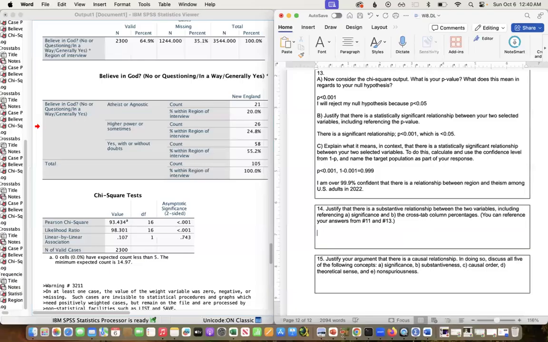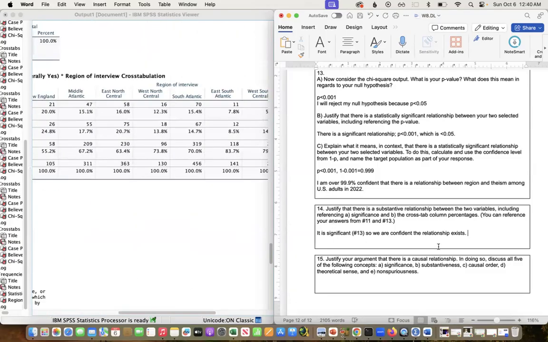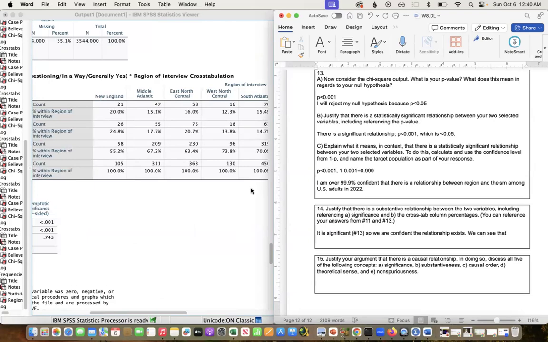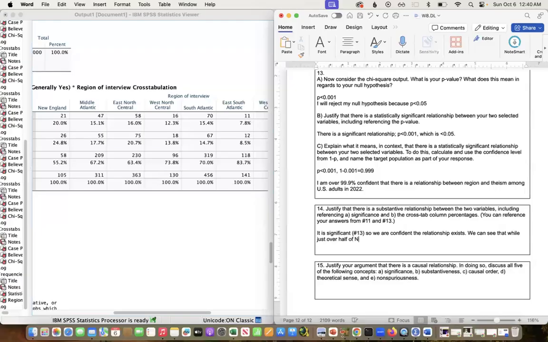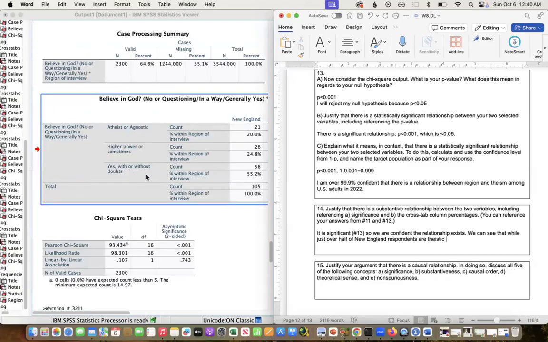Justify that it's substantive. Okay, so first, it is significant. So we're confident the relationship exists. And then is it sizable? So we're going back to these crosstab column percentages. As an example, just over half of New England respondents are theistic, meaning, for this case, that they believe in God with or without doubts.